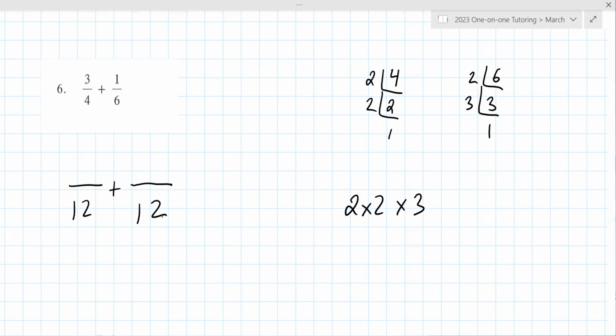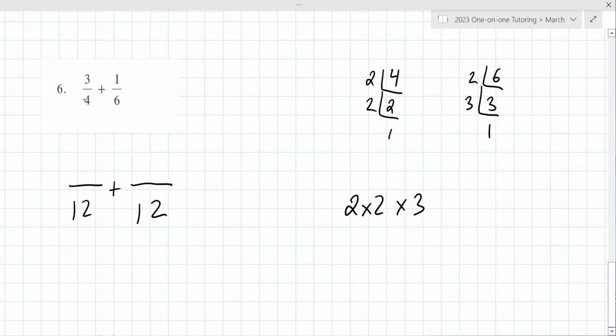What goes on the top? What goes on the bottom? So, normally you multiply the number on the left times 4.